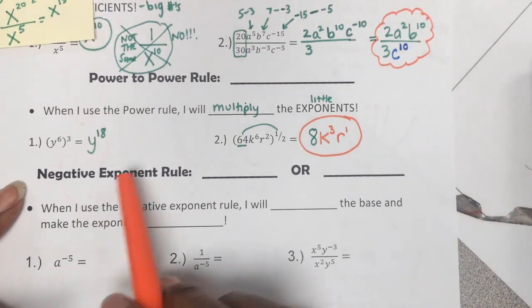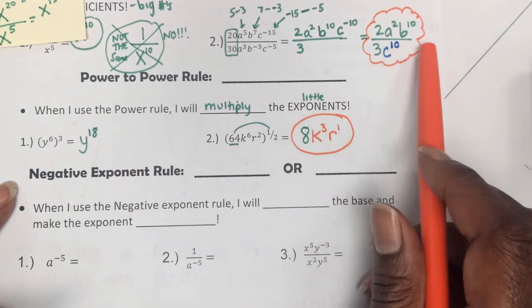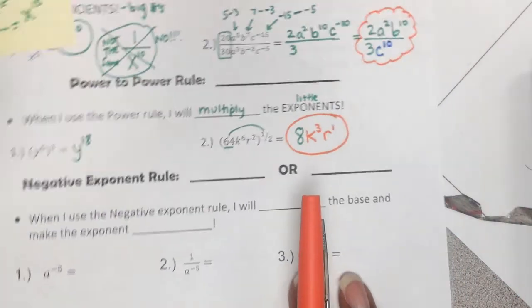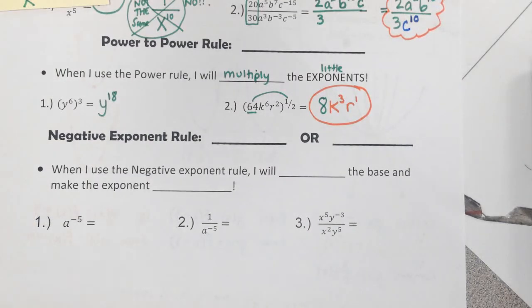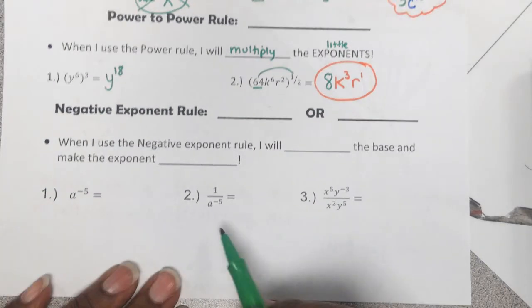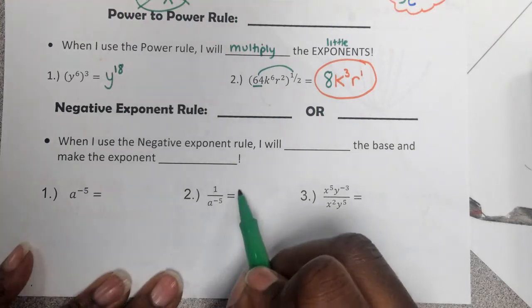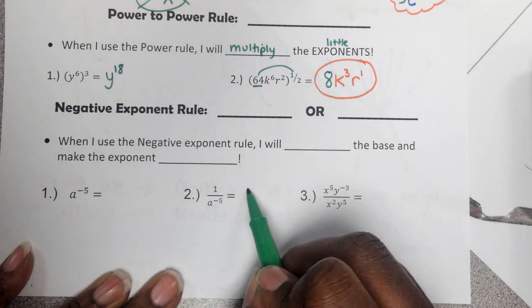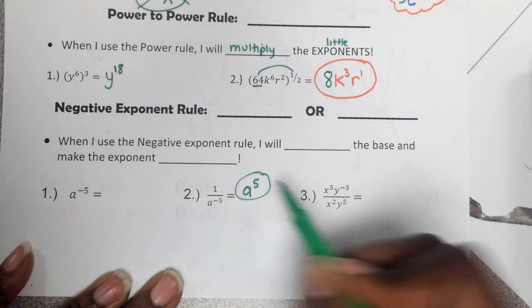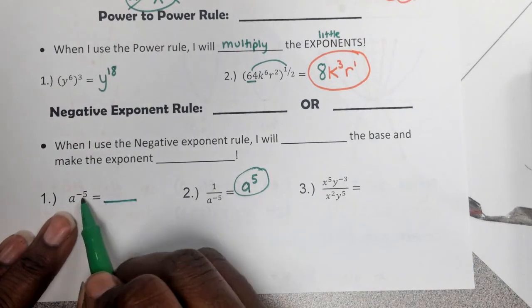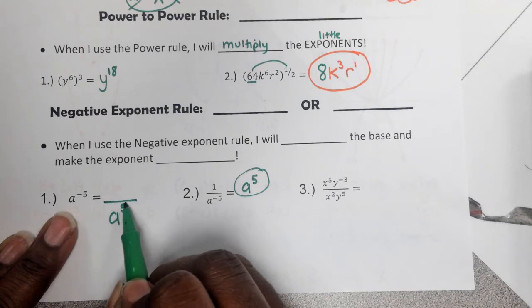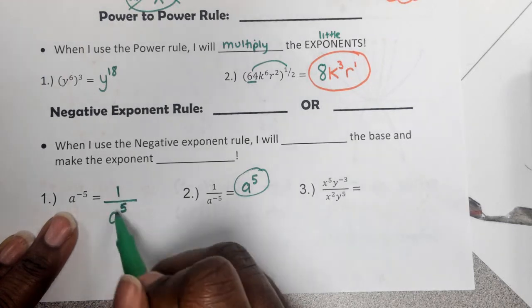Now the rule for negative exponents, we talked about it right here. If it's upstairs and it's negative, you move it to the bottom, you make it positive. If it's already downstairs, like this one right here, I basically need to just move it to the top and it will become a positive 5. This one was upstairs already, so I move it to the bottom and it becomes a positive 5. But I have to leave an empty 1. Don't leave it empty.